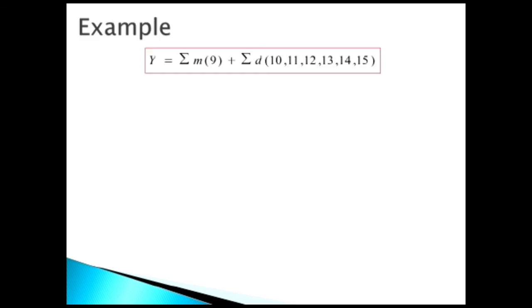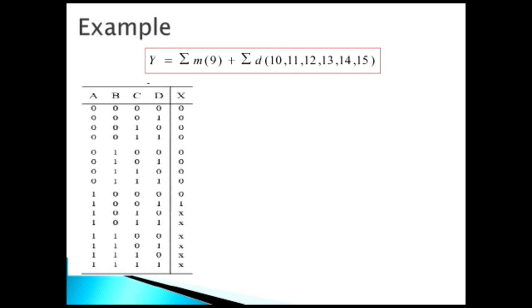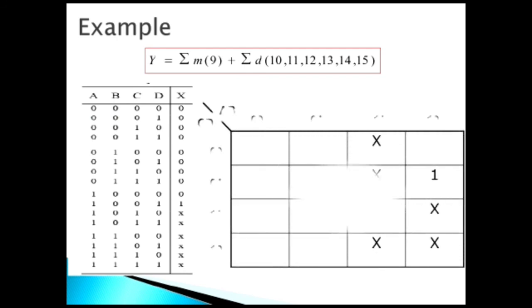Now let us discuss the example with the help of don't care terms. In this case, don't care term is given as summation D 10, 11, 12, 13, 14 and 15. This is the example of sum of product or the min terms. In this case, we can first draw the truth table of the problem. As we know, the K-map of this problem will be of 4 variable.